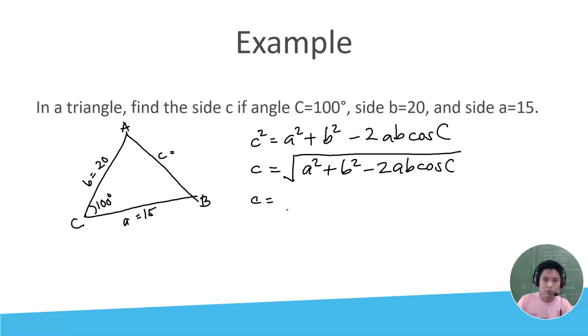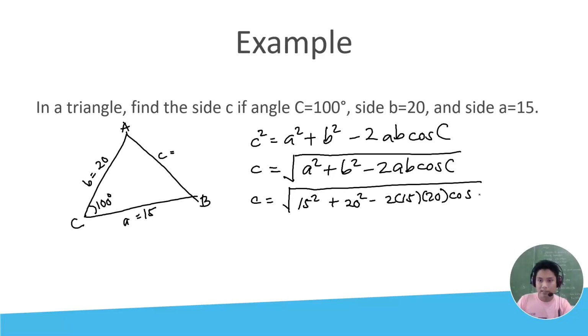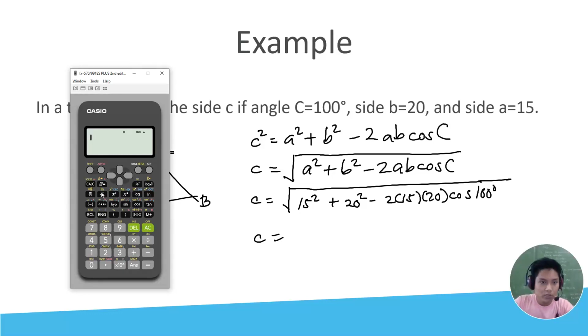Rewrite the solution: square root of 15 squared plus 20 squared minus 2 times 15 times 20 cosine angle c, 100 degrees. So we can directly solve that in our calculator. Square root of 15 squared plus 20 squared minus 2 times 15 times 20 cosine 100 equals 27.0035.